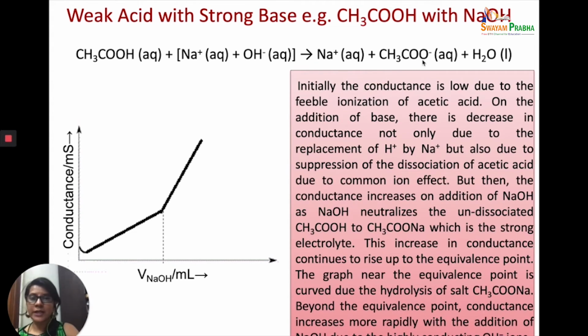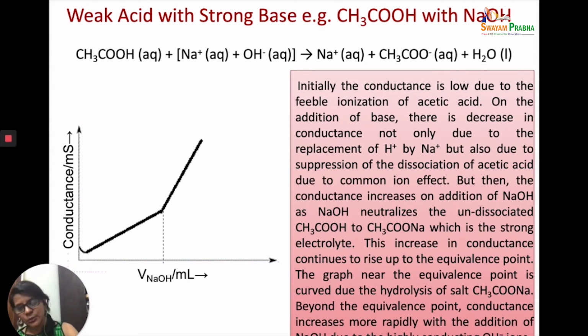This is a strong electrolyte and will be ionized in the form of Na plus and acetate ions. So initially the conductance value was low for the acetic acid, but now when some amount of sodium acetate is formed, it will act as a suppressor of the acetic acid due to the common ion effect. So there is a dip in the value of the conductance.